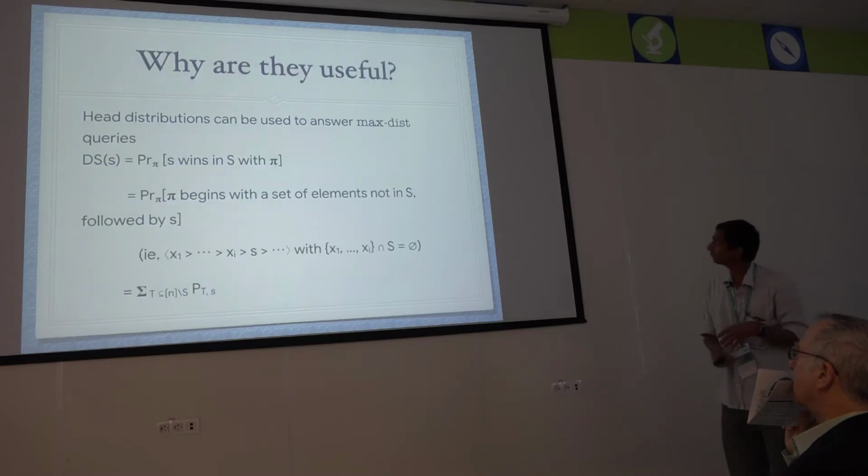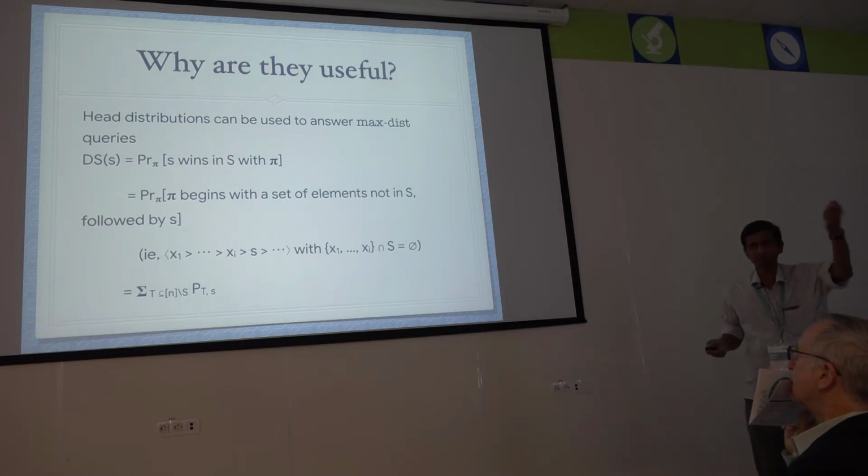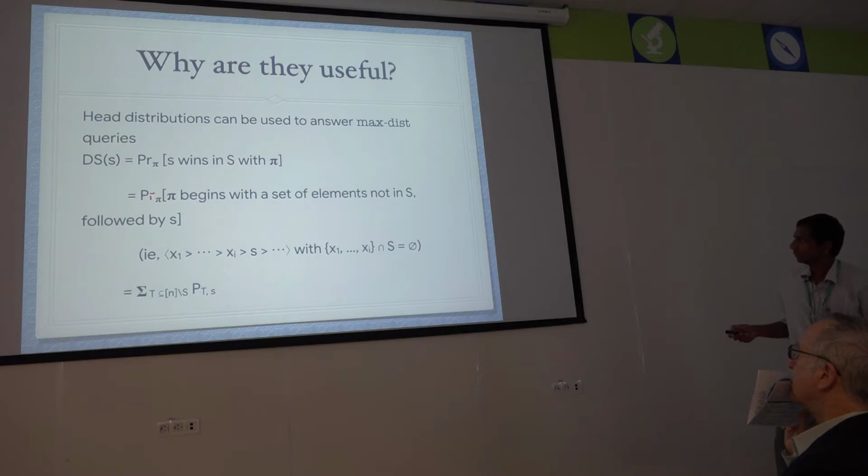Okay. So why are these useful? The claim is that if you understand head distributions, then I can construct the slate winning distribution for any slate. Why is that? So what is D_S of s? It's the probability that this element little s wins in this slate S under the permutation pi, chosen according to the unknown distribution, which means that pi begins with a set of elements not in S followed by s.